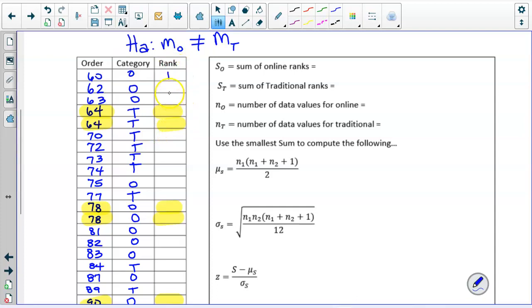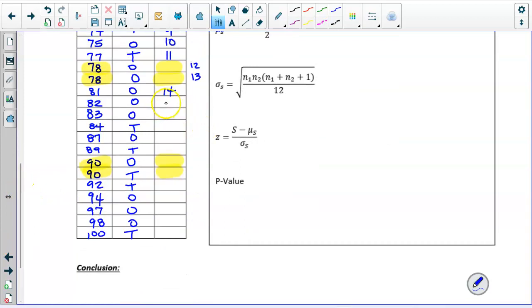So I said 1, 2, 3, and then over here to the side I said 4, 5 there, 6, 7, 8, 9, 10, 11, and then again on the side 12, 13, 14, 15, 16, 17, 18, 19, on the side 20, 21, and then 22, 23, 24, 25, and 26.